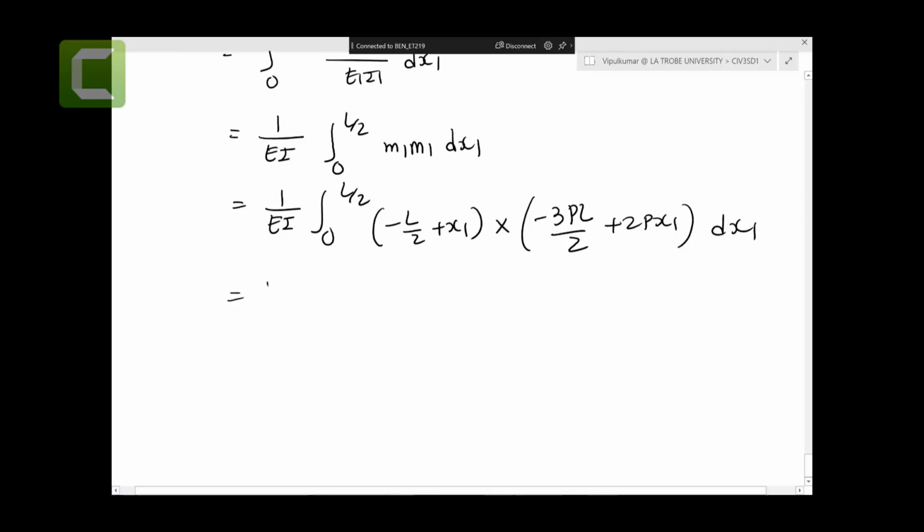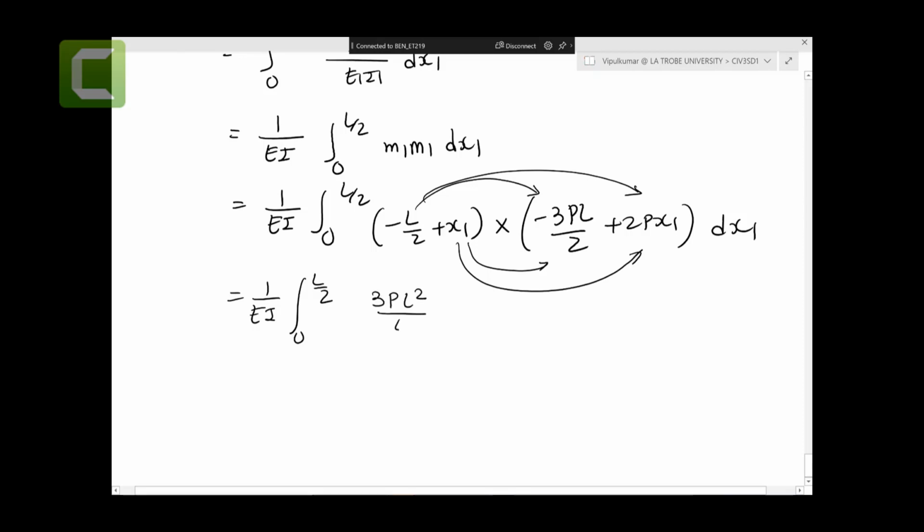All right, 1 over EI, 0 to L by 2. Let's expand the brackets. 3PL square on 4, minus 2Px1 times L by 2, minus 3PL by 2 x1, minus 2P x1 square.